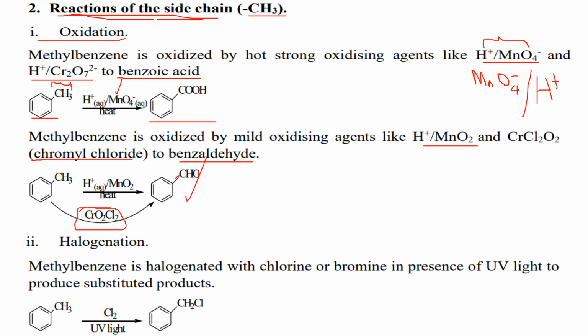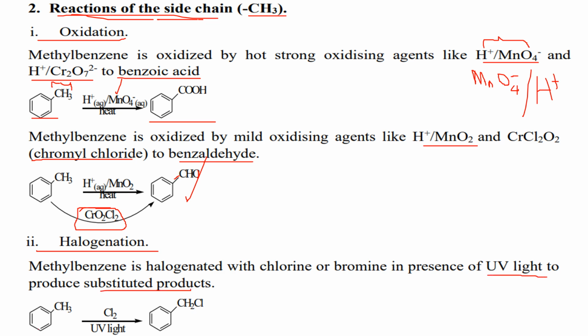So make sure that you write these symbols properly, and bonds should be attached to the elements or atoms they are leading to. Now if you look at the second reaction, you're going to be looking at halogenation reactions. Methylbenzene is halogenated with chlorine or bromine, but this is only possible in presence of ultraviolet light to produce substituted products.